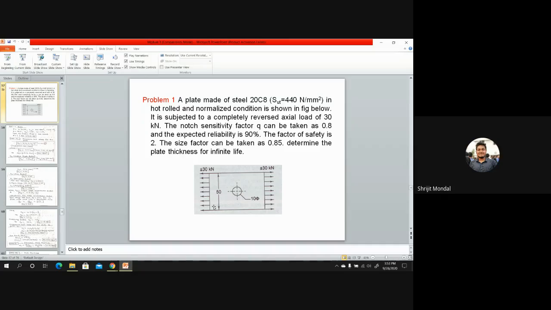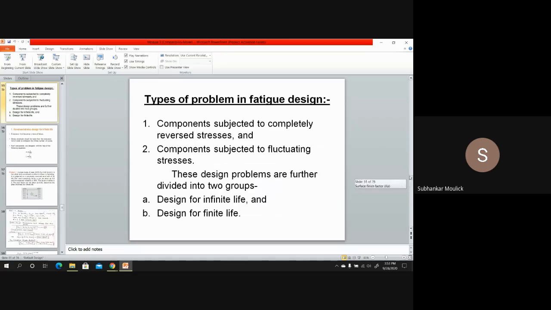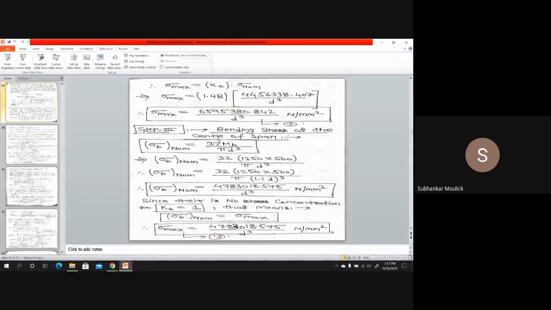Yes, sir. Fine. So if you see, this is a rectangular plate with a central hole. So if I go back to those design data book graphs for stress concentration, let us go back.